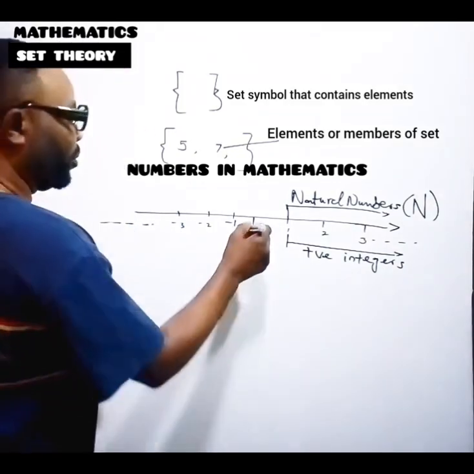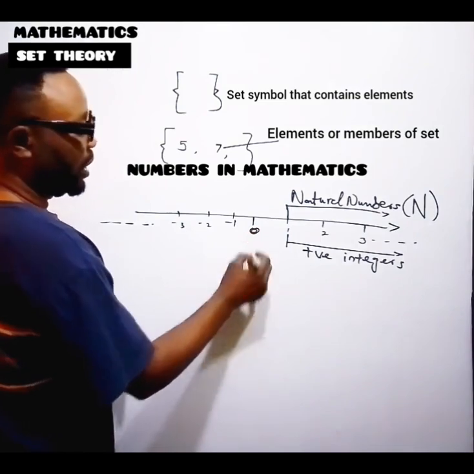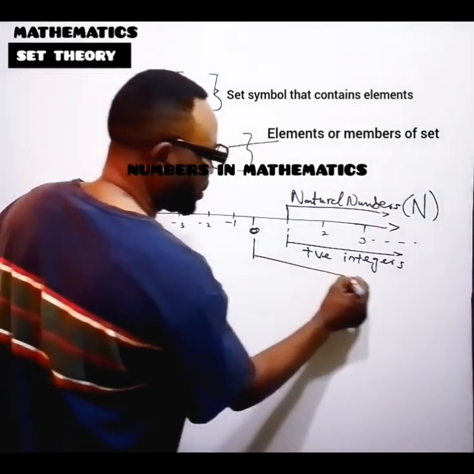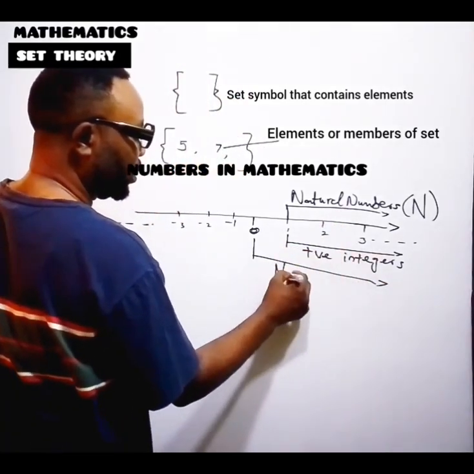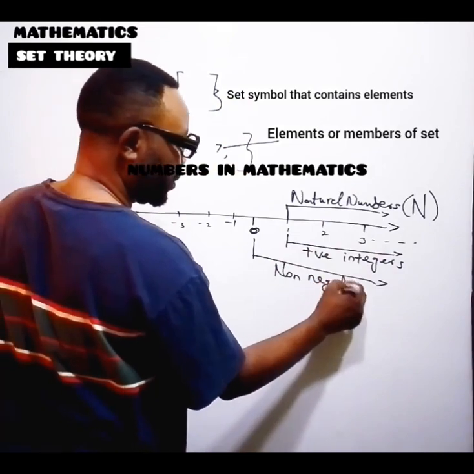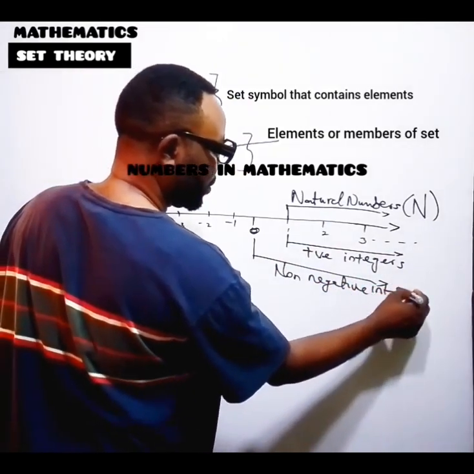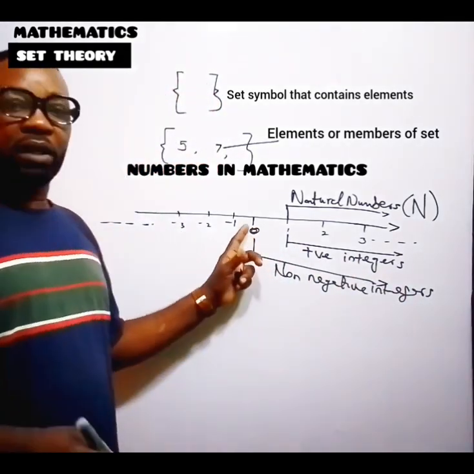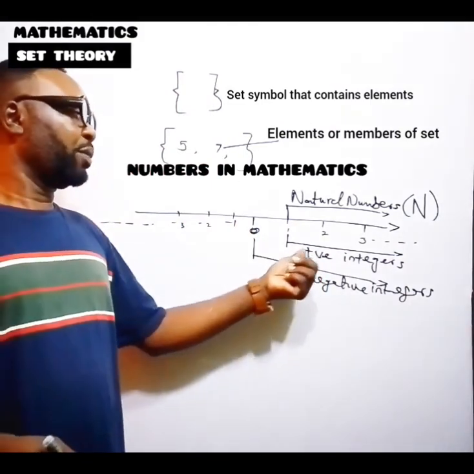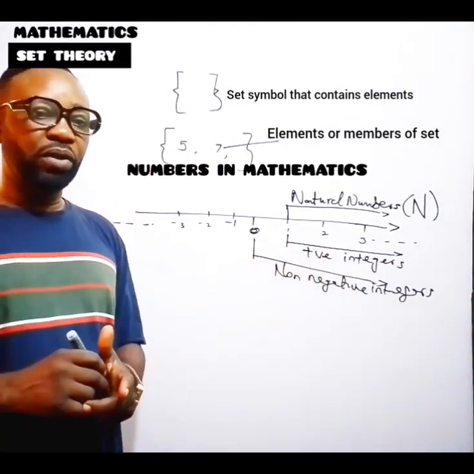Now, you can see that this is 0 here. If I take this 0 alongside all these positive integers, I call it the non-negative integers. Any number that starts from 0, if you include 0 with the positive integers, they are called the non-negative integers.